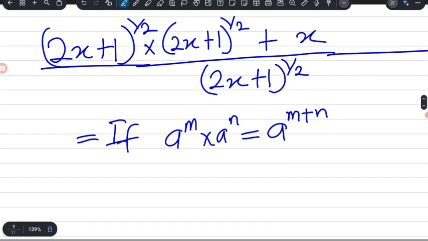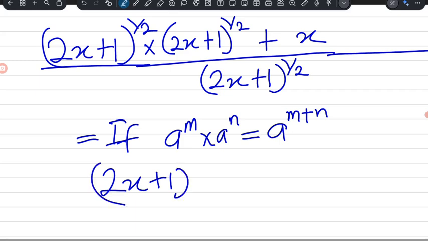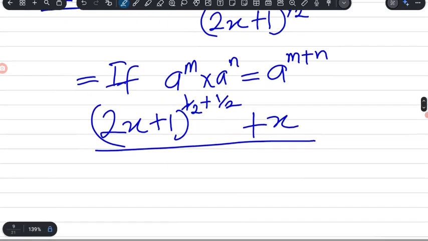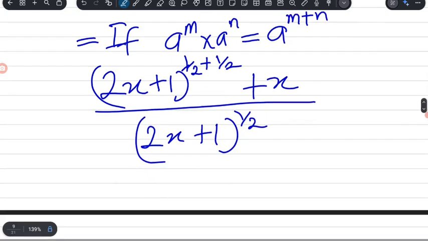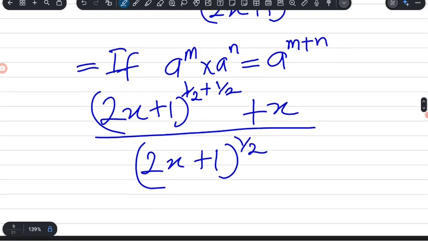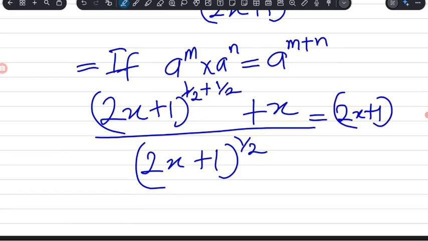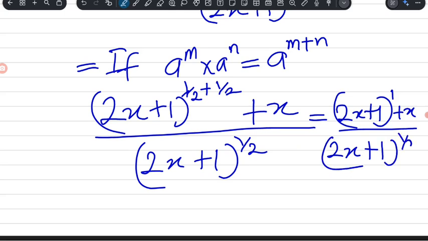So therefore, we have (2x plus 1) raised to power half plus half plus x to divide (2x plus 1) raised to power half. So in overall, we have (2x plus 1) raised to power 1 plus x to divide (2x plus 1) all raised to power half.